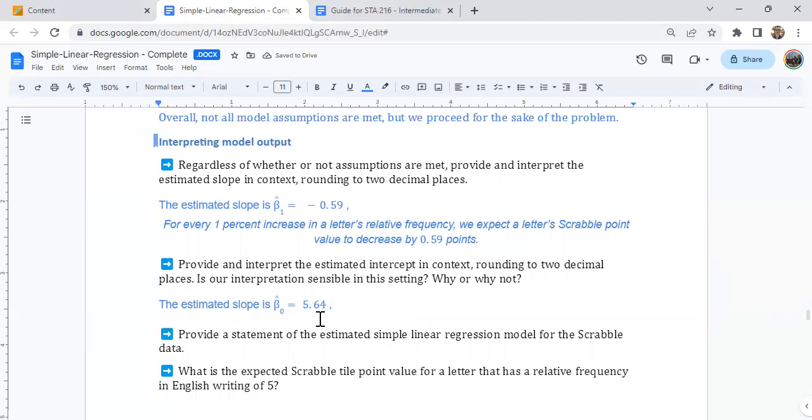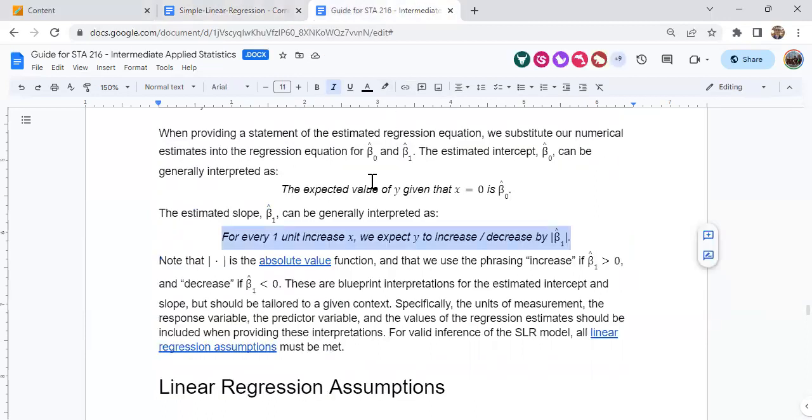And we'll say, yeah, intercept. And then here I give a blueprint interpretation as well.